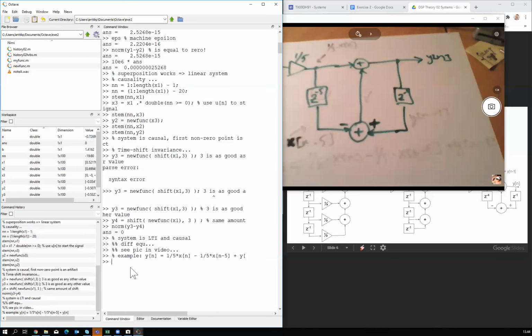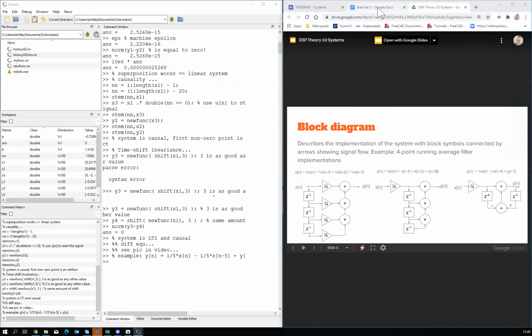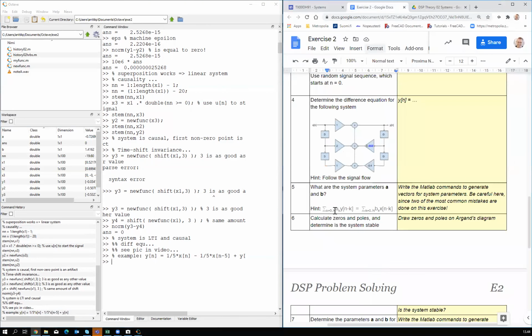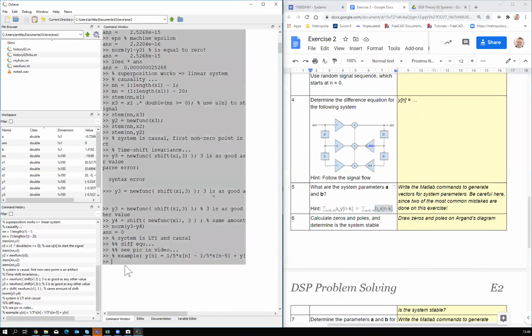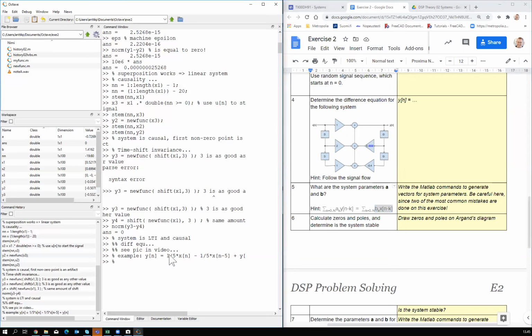That form. How to then calculate the system coefficients, B and A. The B's are the multiplying factors of x of n minus k, where B0 is for this term. So that's the numerator polynomial coefficients, or the scaling factors for x, which is the input.